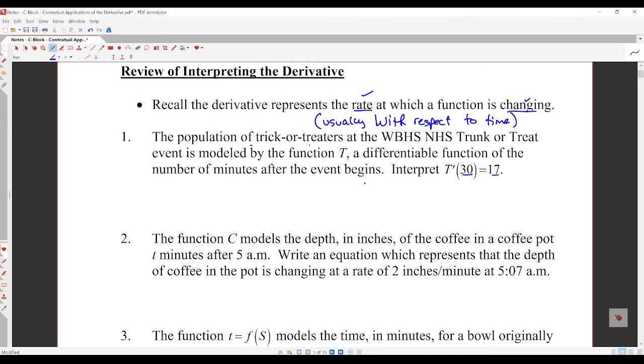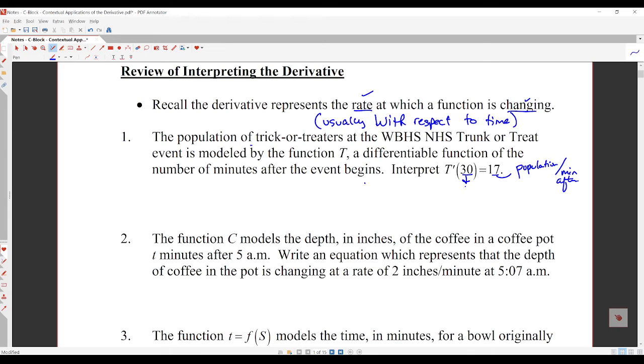So number one, the population of trick-or-treaters at the WBHS NHS Trunk or Treat event is modeled by the function T, a differentiable function of the number of minutes after the event begins. So T prime of 30 equals 17 is going to be the rate of change, so it's going to be the population change per minute after the event begins.